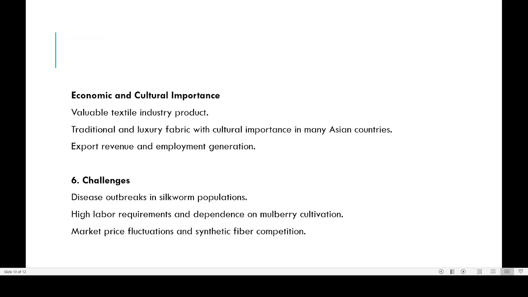Now, the economic and cultural importance of silk. It's a valuable textile product, used as a material for cloth.